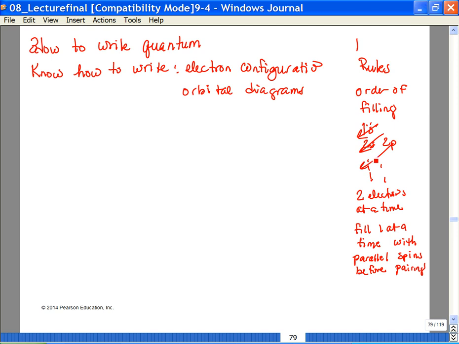We know that the order that we fill them in is dictated by our little chart. We know that we can denote a noble gas shorthand configuration using the previously completely filled noble gas.